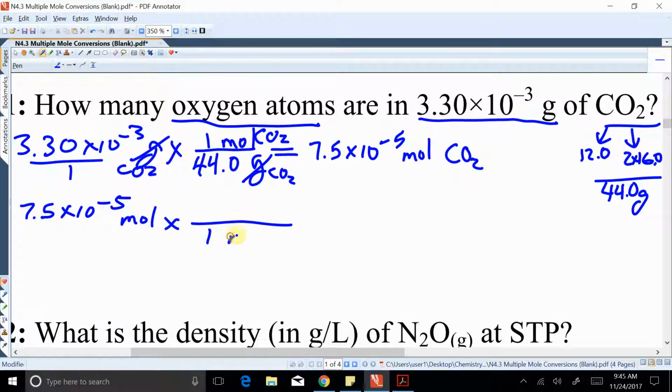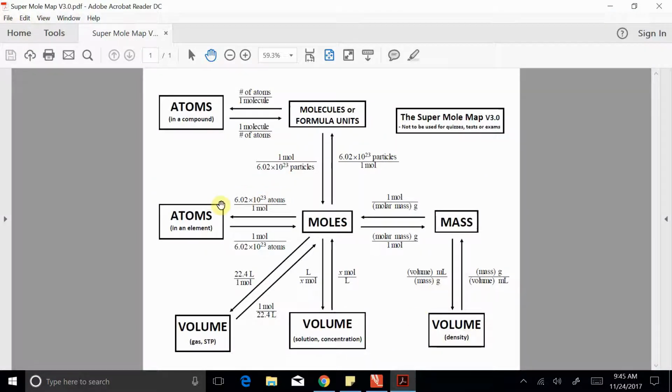So in 1 mole, we will have a certain number of molecules of carbon dioxide. And that number is Avogadro's number. Our 6.02 times 10 to the 23 atoms, particles, grammas, muffins, whatever it happens to be that it's a mole of.